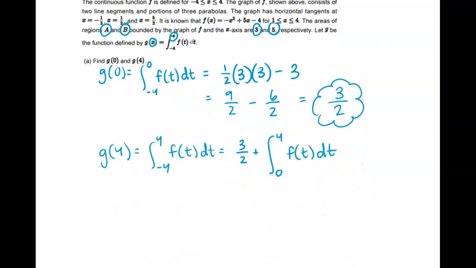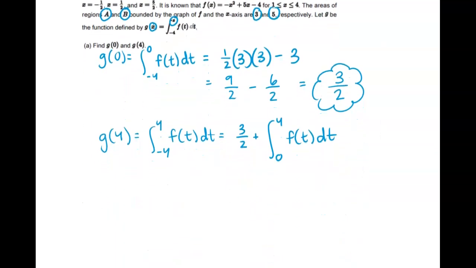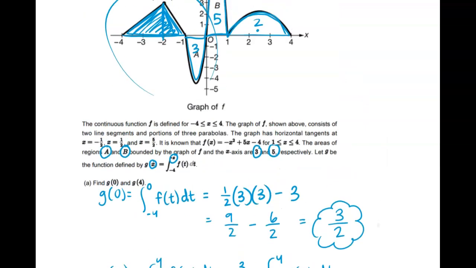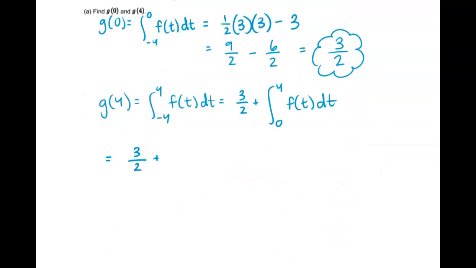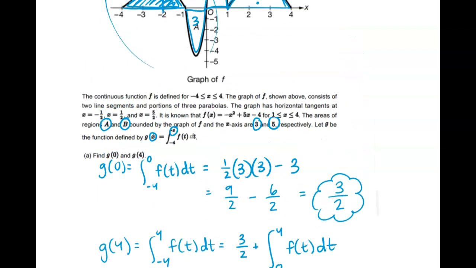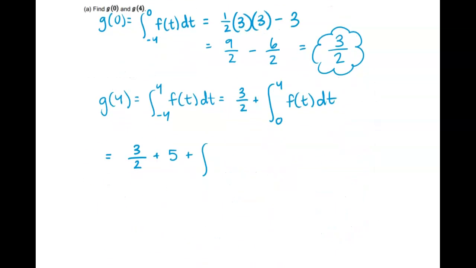So technically g of 4 is 3/2 plus 5. It's above the x-axis, so we're good, it's positive, plus the integral from 1 to 4 of f of t dt.